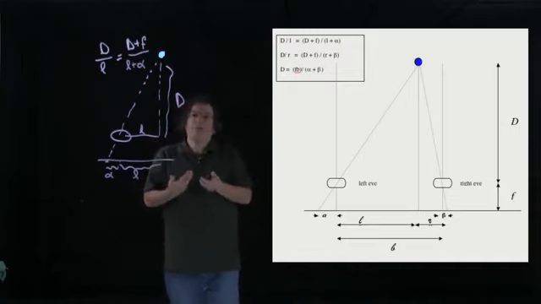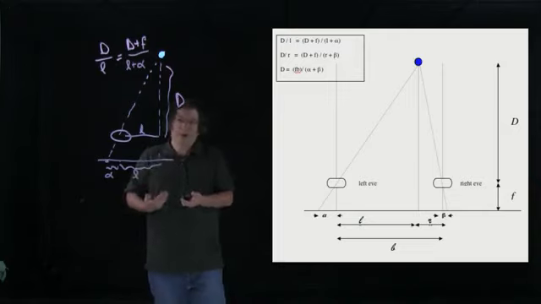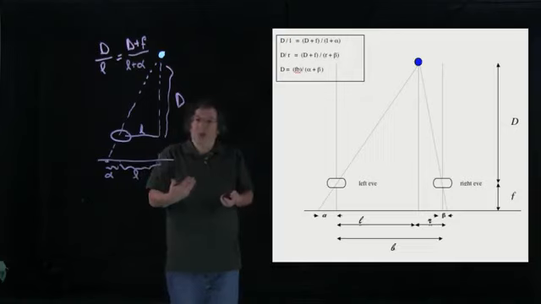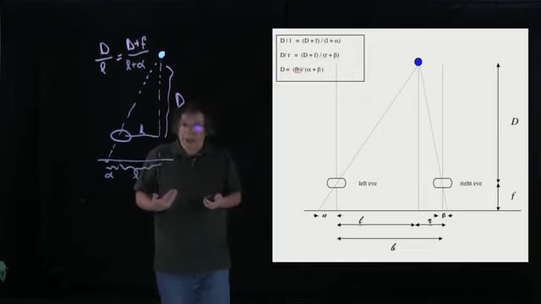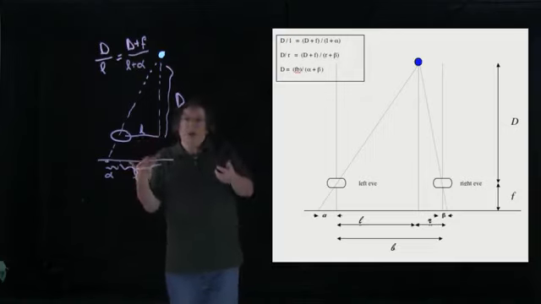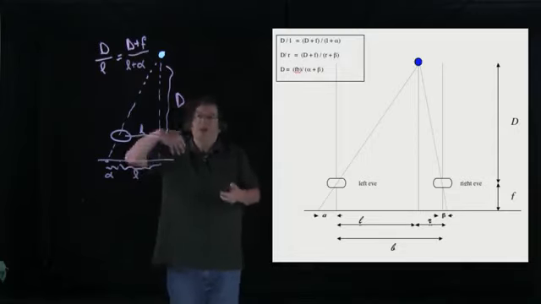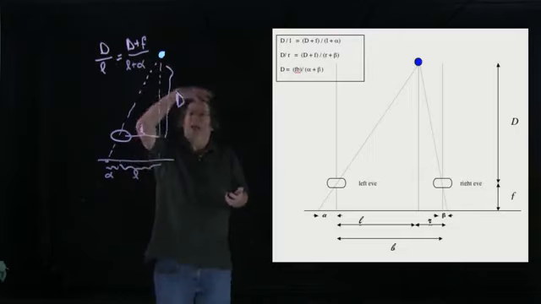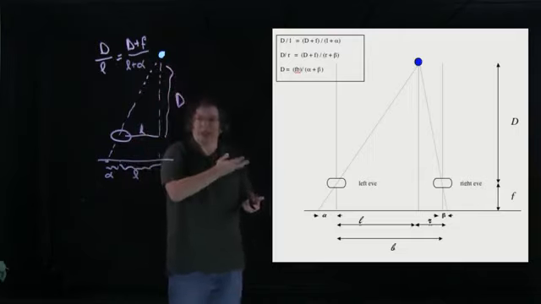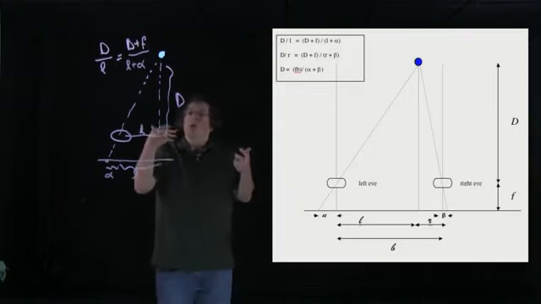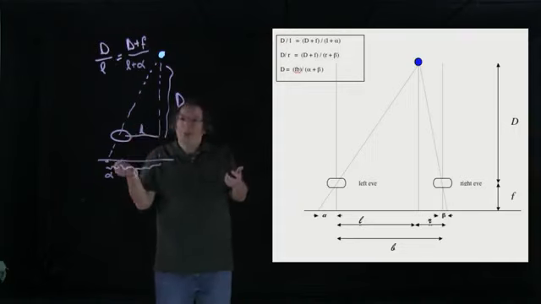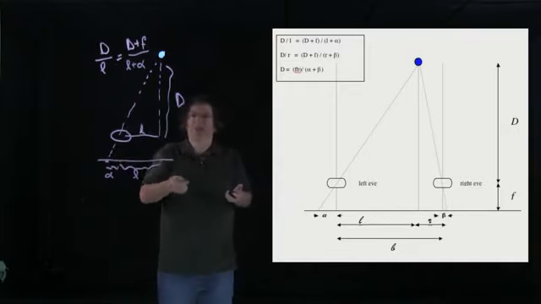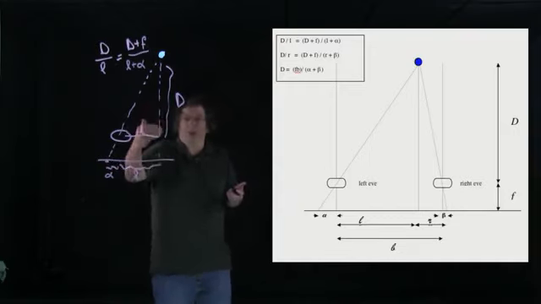Think about what it would mean as a computer programmer to try to make use of this formula. The crucial question, which we've swept under the rug until now, is what's called the correspondence problem. You have 1,000 visual elements projecting onto the left retina, 1,000 visual elements projecting onto the right retina. How do you match up the left retina projections with the right retina projections to make use of this formula?